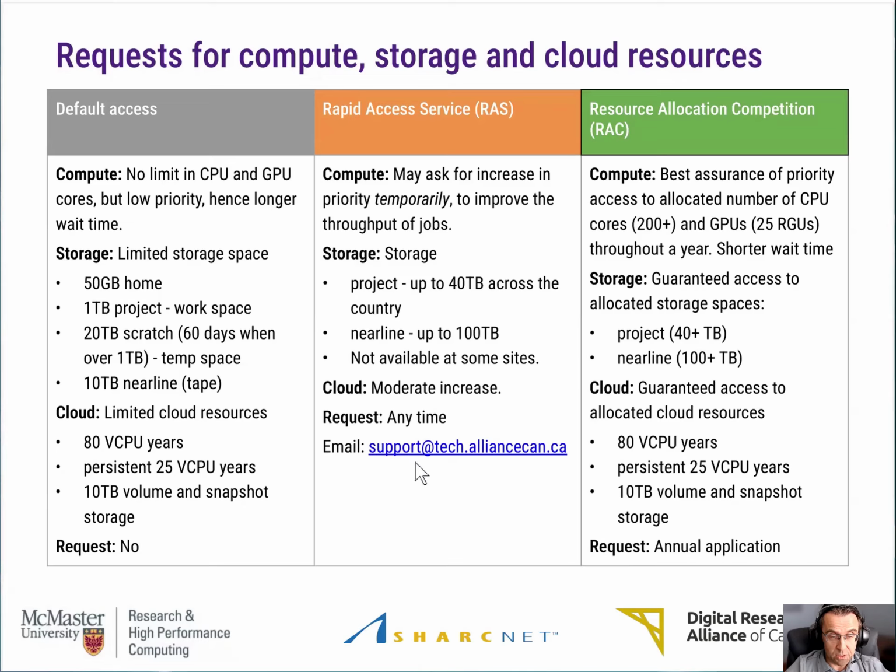You just send an email to support@tech.alliancecan.ca and ask for up to 40 terabytes of project space across the country, across the 4 national sites. Trillium is a special cluster and is not participating in this calculation. But across the 4 other national sites, up to 40 terabytes, basically no questions asked. If you need it, we're going to grant it to you, and you can do it at any time.